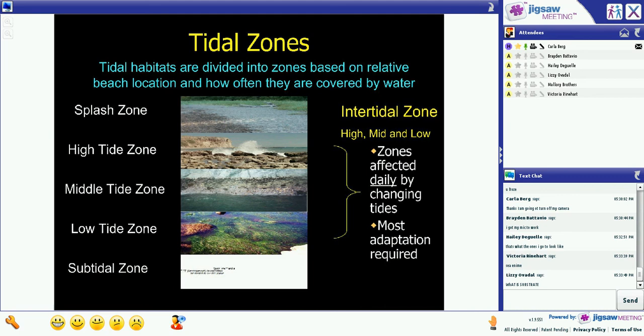So the top part, the splash zone, is an area that is not often covered by water. Then next on the beach, you have the high tide zone, then the middle tide zone, the low tide zone, and the subtidal zone.